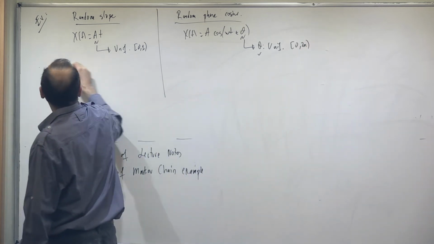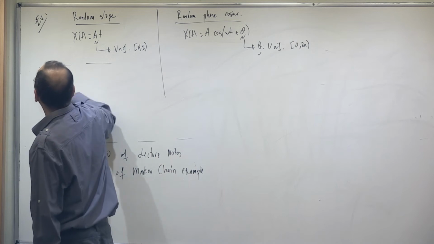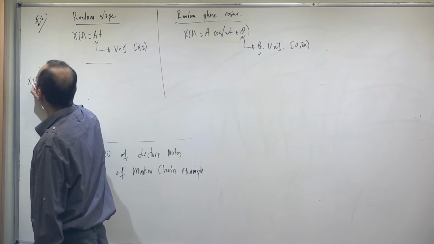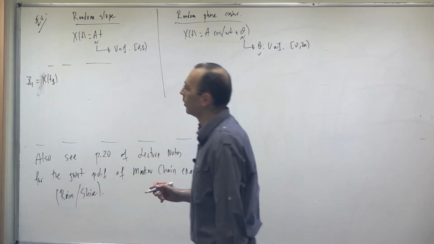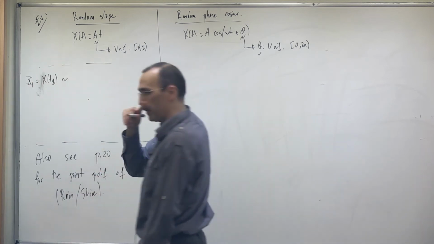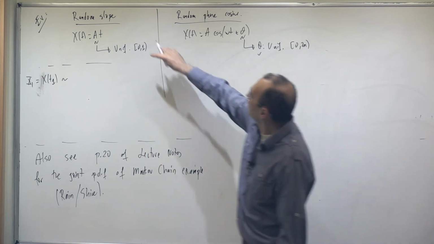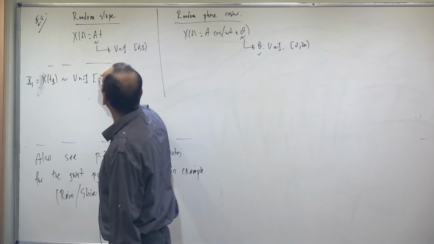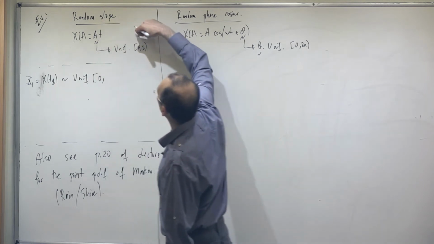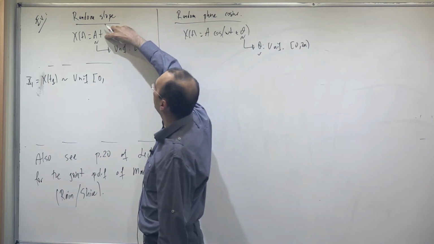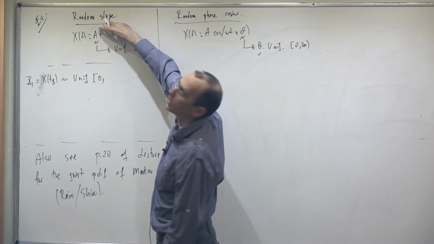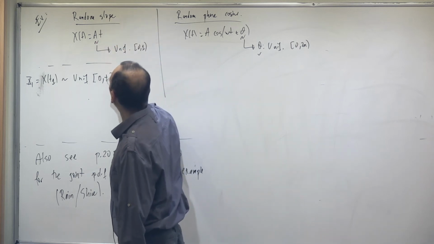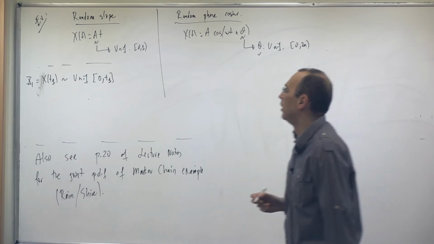So what was the first order description of this? Let me write this, it will be easier. When you evaluate it at t1, this is the x1 random variable. What is the distribution of this? Well, A is uniform in 0 to 1. If you multiply by t1, it can go up to t1, so this is uniform 0 to t1.